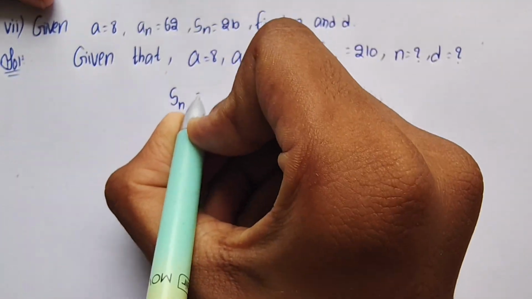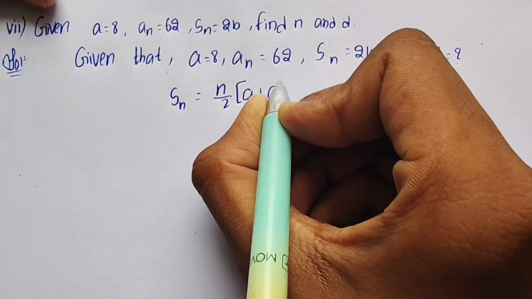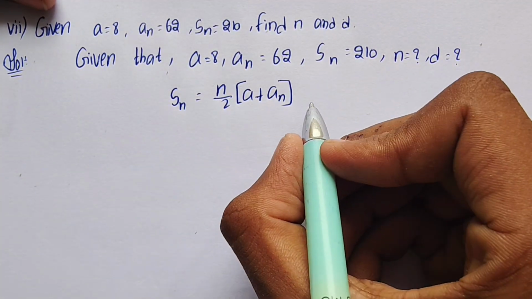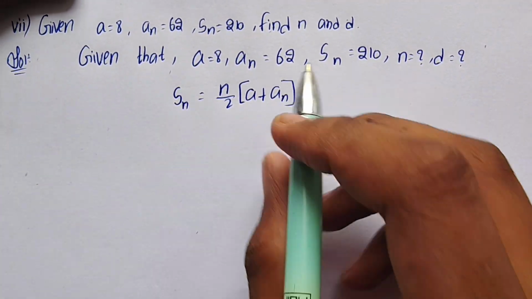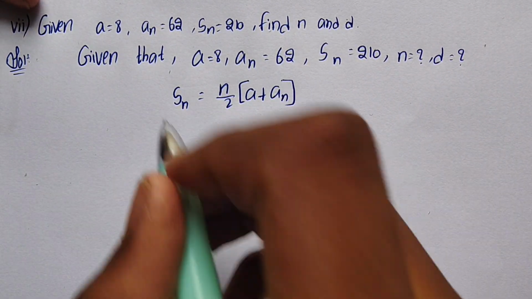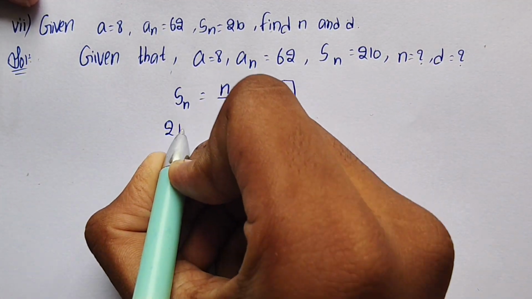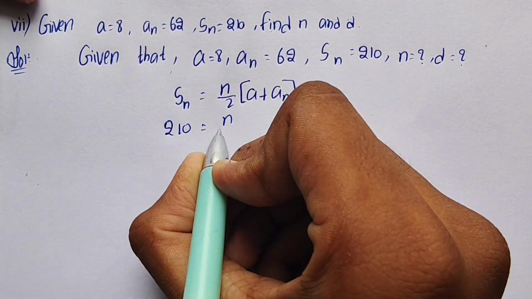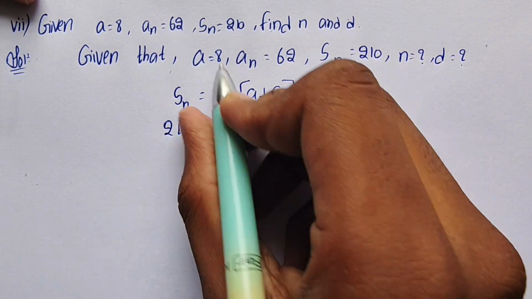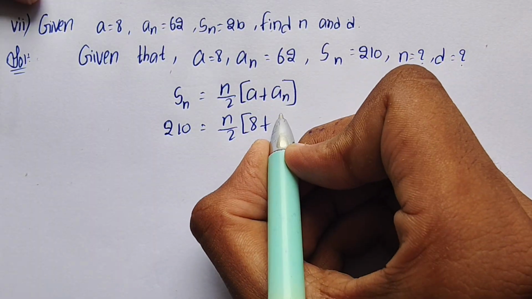So the formula of S base n is equal to n by 2 into a plus a base n. This is the formula for S base n when the first term and the last term are given. So the value of S base n is already given, that is 210. So we have to find the value of n by 2 into the value of a, which is 8, plus the value of a base n, which is 62.